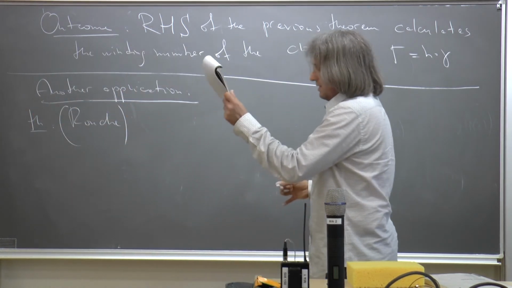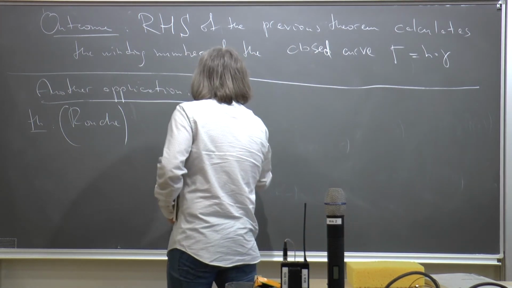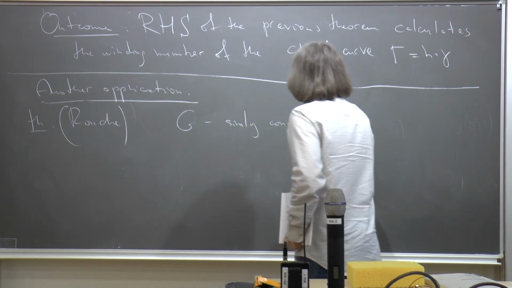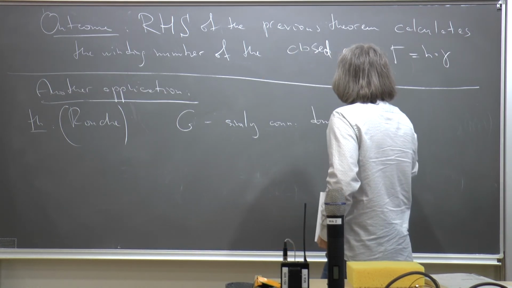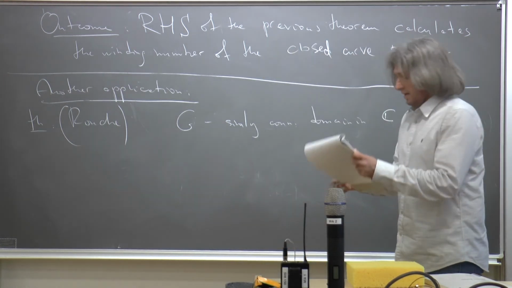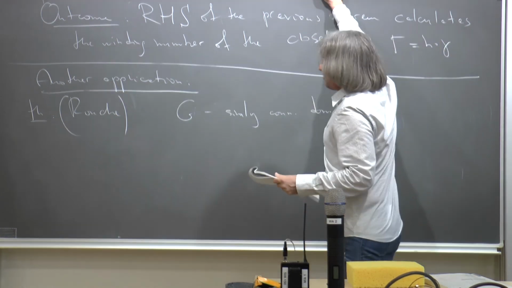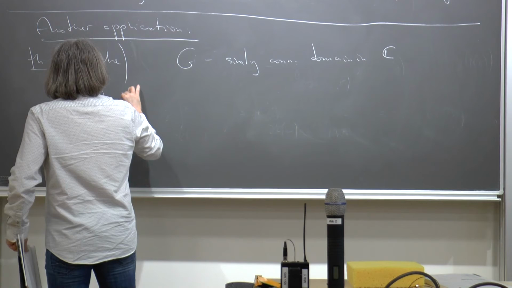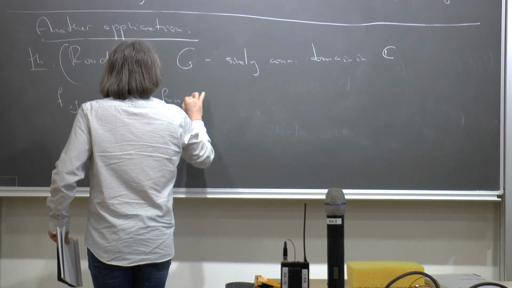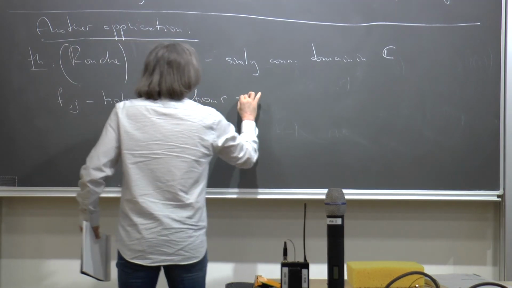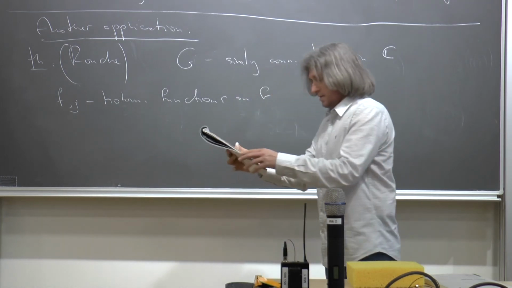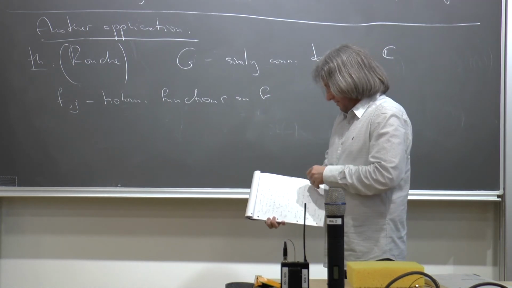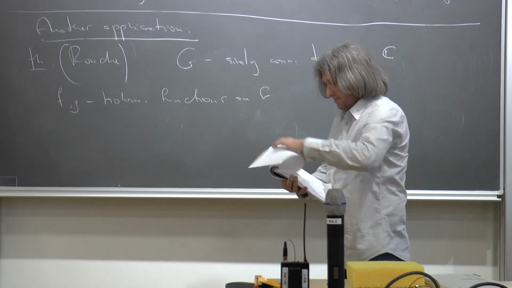So suppose we have G, again a simply connected domain. And suppose we have two holomorphic functions, f and g. And we have the estimate.